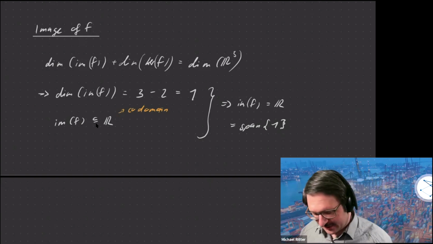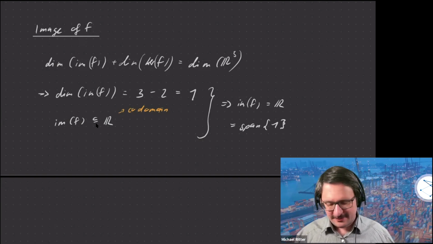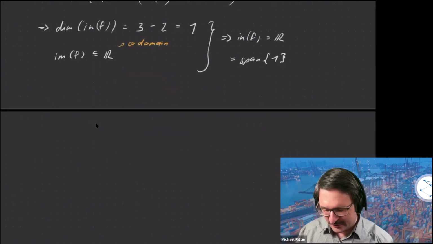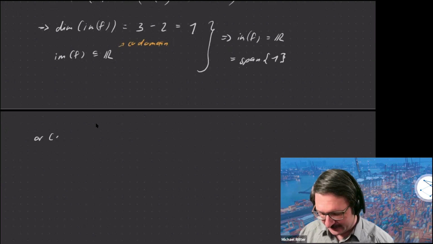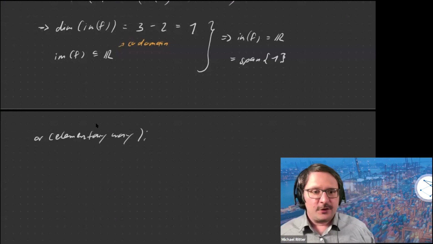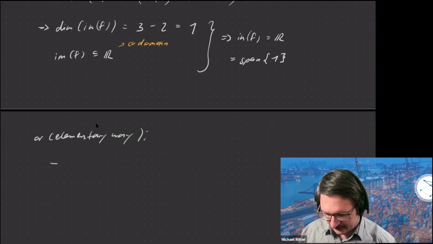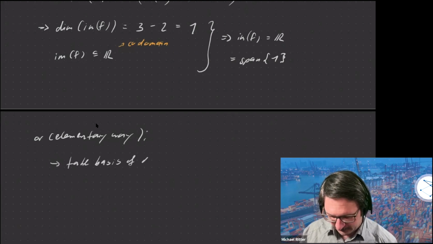Just to make sure that you know how to deal with situations where this is not sufficient, let me also show you how to do that in an elementary way. You could also take a basis of the domain, any basis. In this case, the domain is R3.